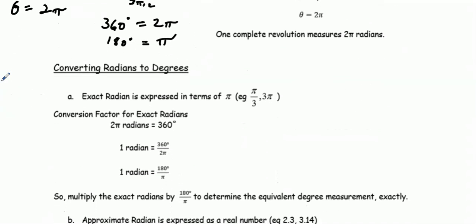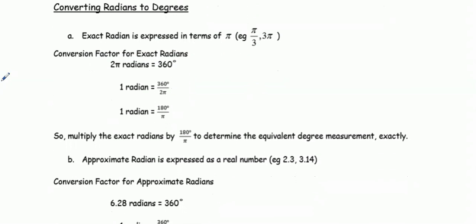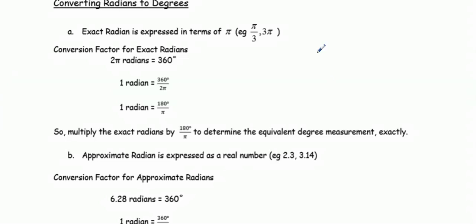Let's convert radians to degrees. We already know that 2 pi is equal to 360 degrees. So that's 2 pi radians. If I divide through by 2 pi on both sides, then I get 1 radian is equal to 360 divided by 2 pi, or 1 radian is 180 divided by pi, if we simplify.